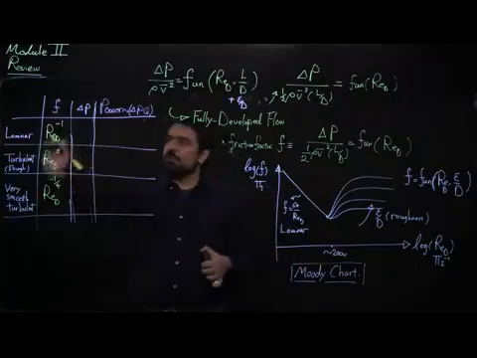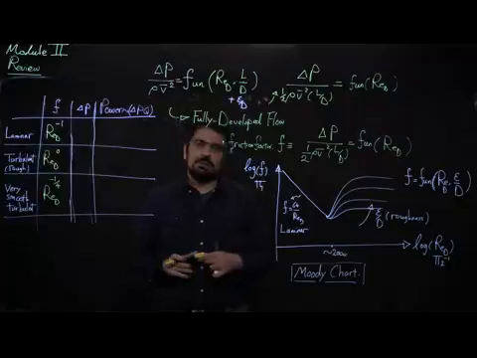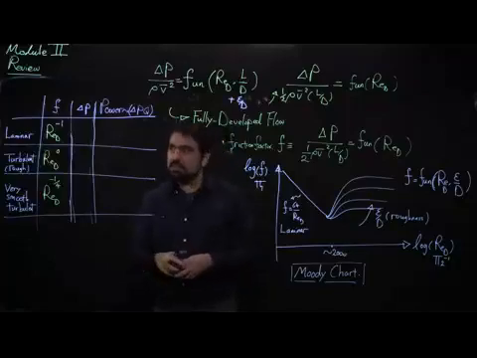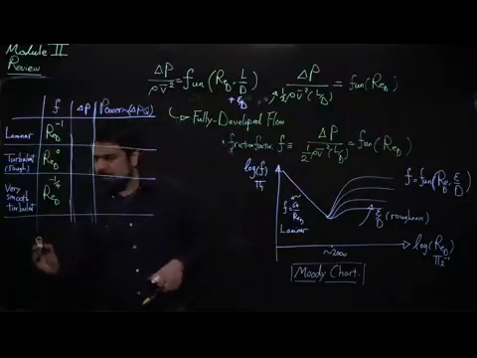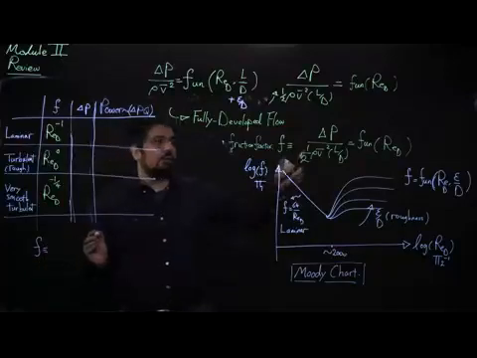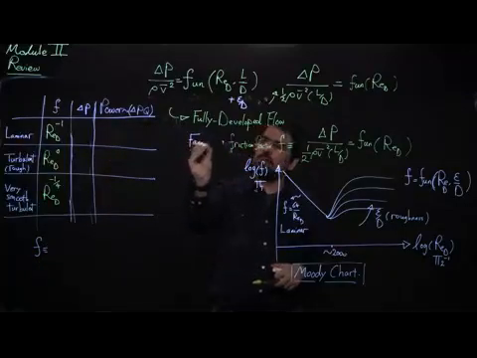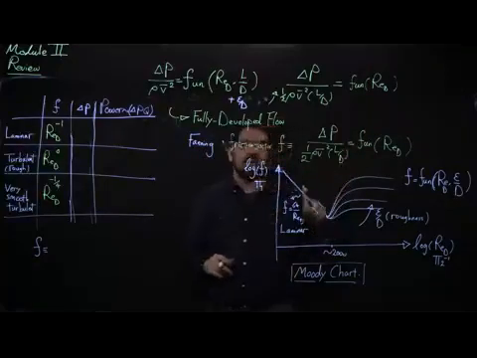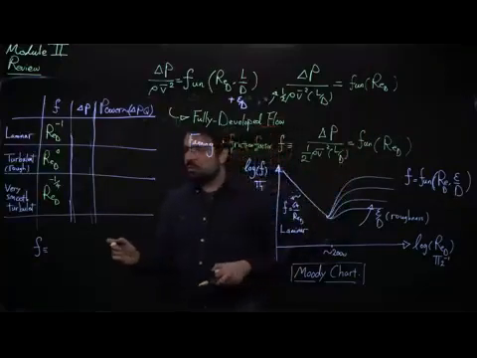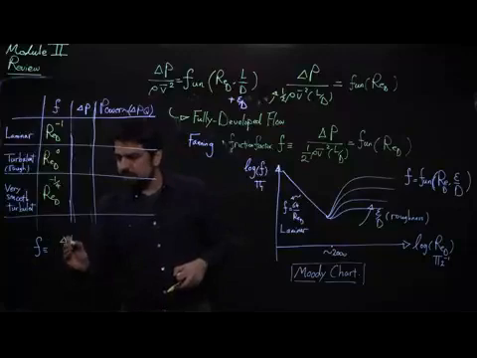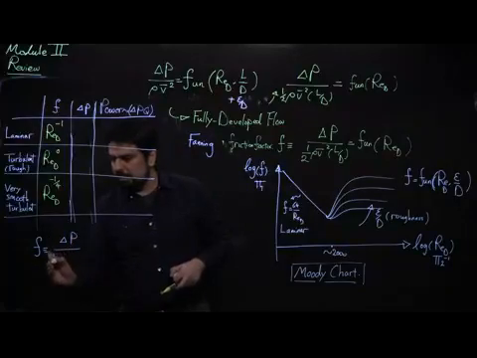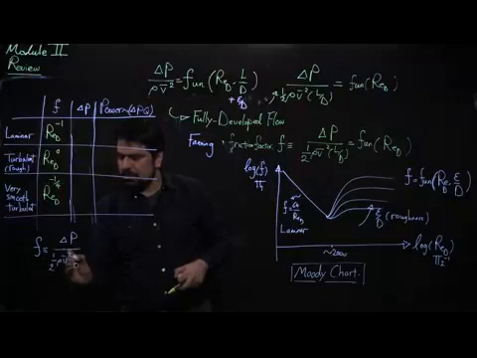Now, if you think about delta P, what is delta P? The Fanning friction factor is defined as delta P over half of rho V squared, so really the friction factor has delta P, half of rho V average squared, and L over D there.